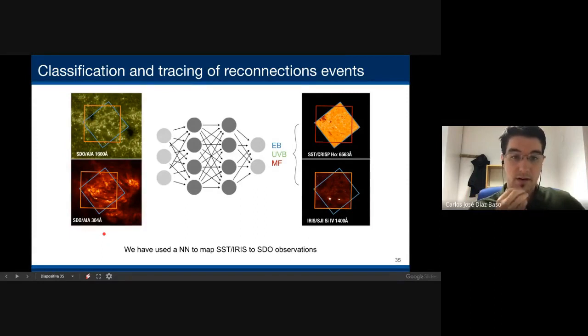One can train a neural network to learn this mapping and to transfer the knowledge that we have in certain wavelengths to create a mask where we say, okay, this is a pixel that belongs to an Ellerman bomb. This pixel is just quiet sun. This pixel is a UV burst. And then we can learn this mapping.